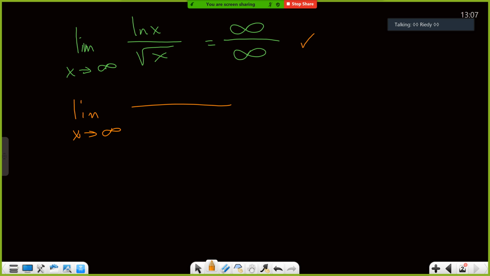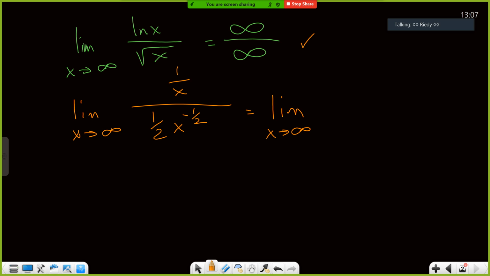Quick refresher here. What's the derivative of the natural log of x? 1 over x. Beautiful. Square root of x is x to the 1/2, bring the 1/2 down, reduce the exponent by 1.